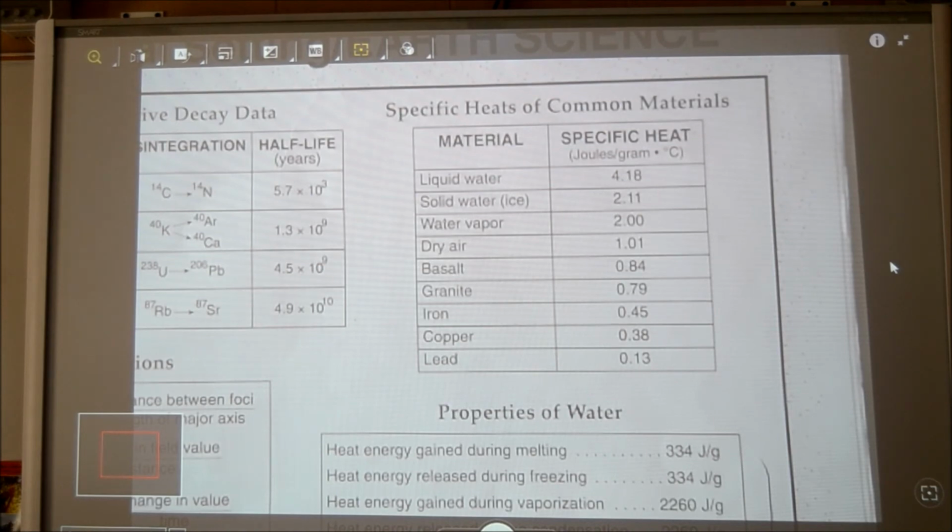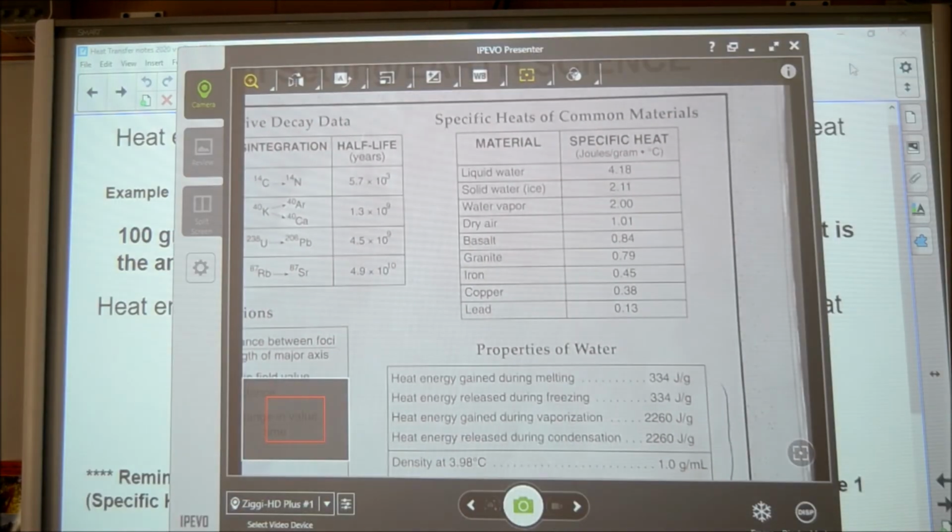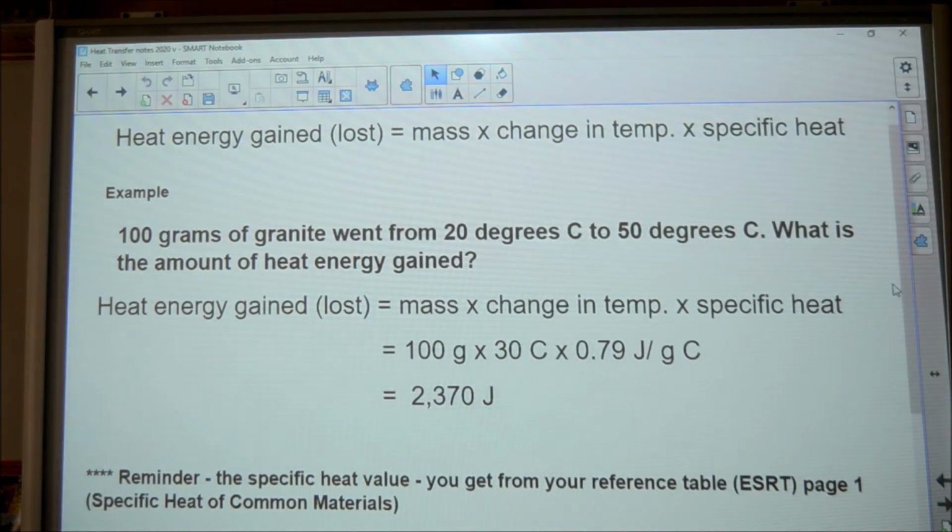All right, so going back to your example, I need you to do a little math. 100 grams of granite went from 20 degrees Celsius to 50 degrees Celsius. What is the amount of heat energy gained? So I write down my equation again. Heat energy gained equals the mass, which we said is 100 grams, times the change in temperature. I went from 20 to 50, a difference of 30 degrees Celsius.